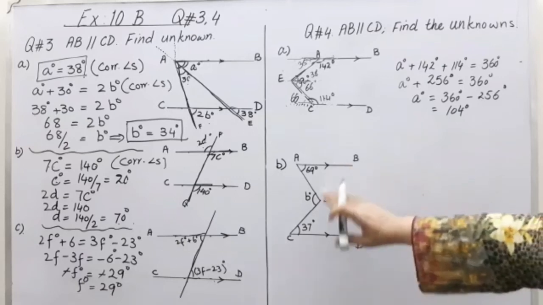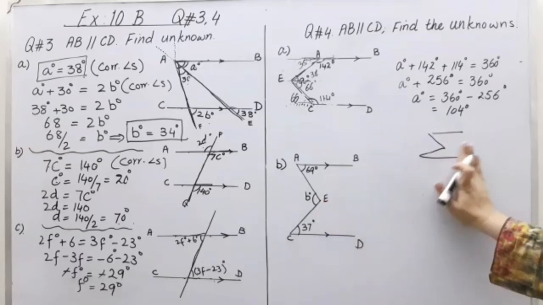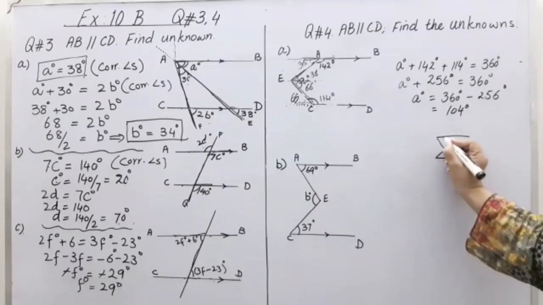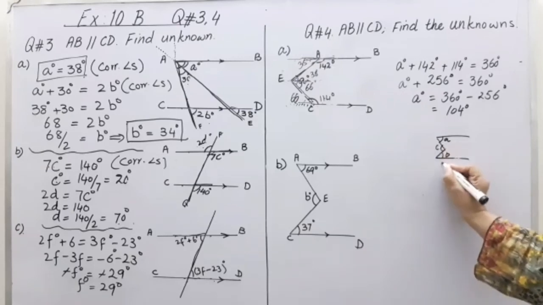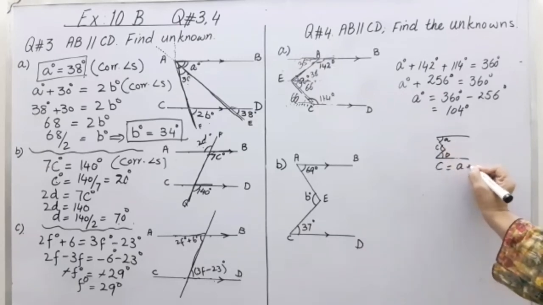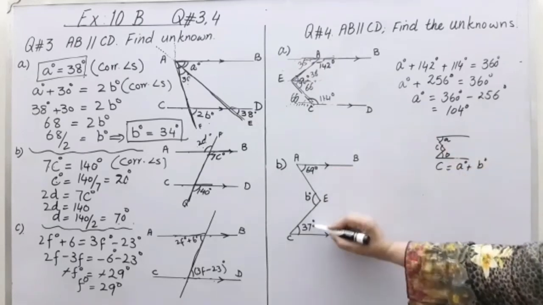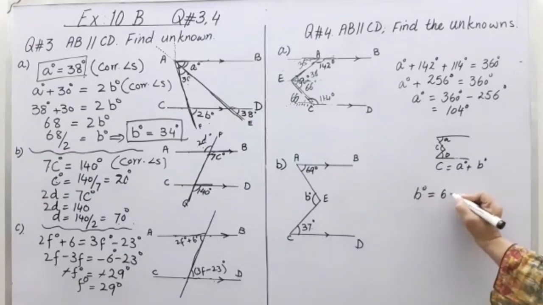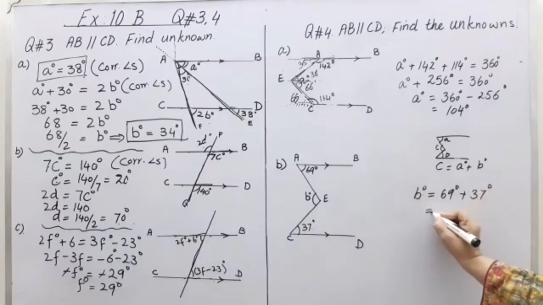We know when the shape is like this, I told you before, this one A, this one B, and if this is C, we can say C is equal to A plus B. Now our condition is B is equal to this plus this. We solve it easily. B is equal to 69 plus 37, and we get the answer.